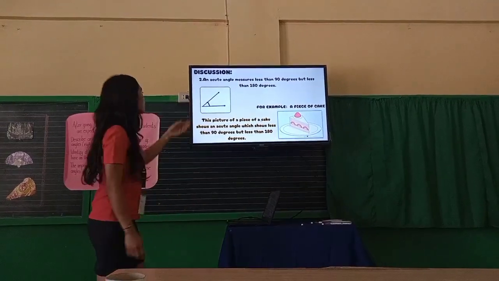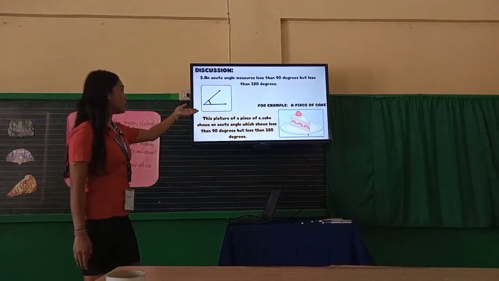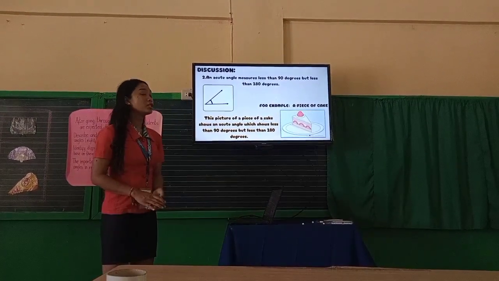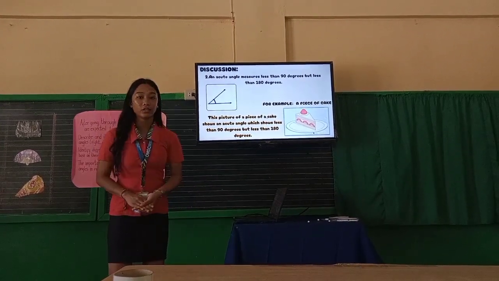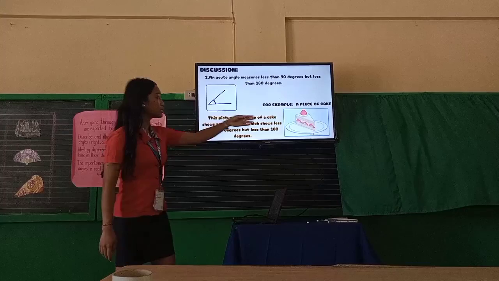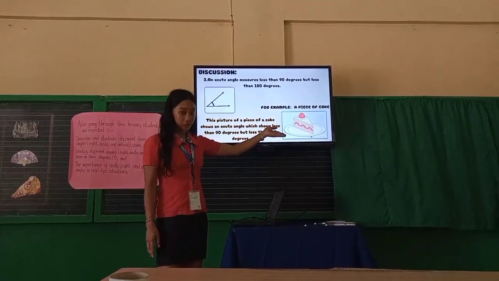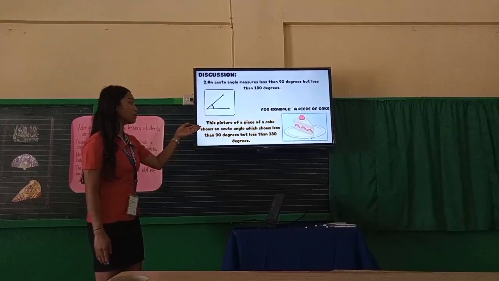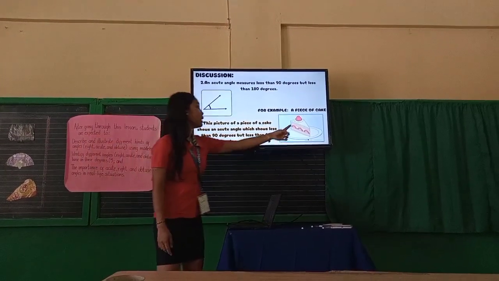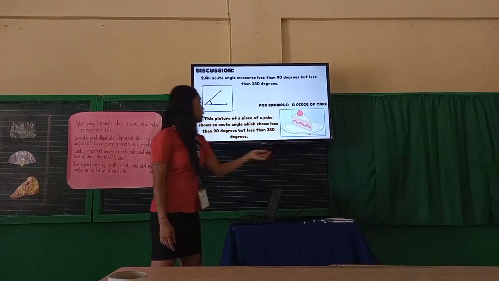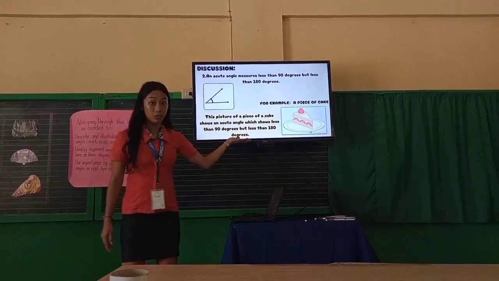Next one, acute angle. An acute angle measures less than 90 degrees. For example, this piece of cake. This picture of a piece of cake shows an acute angle, which measures less than 90 degrees.